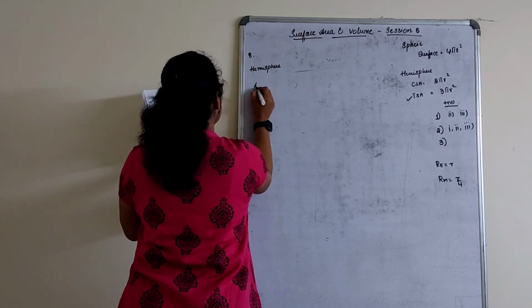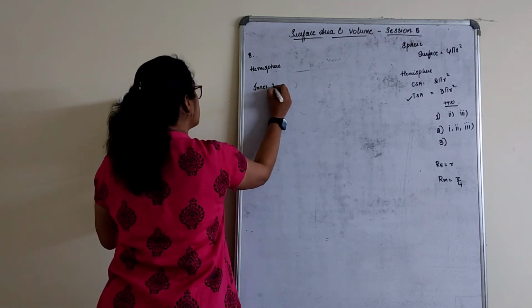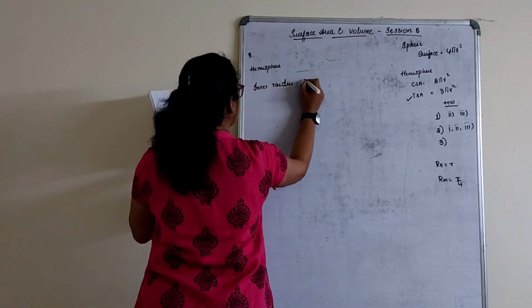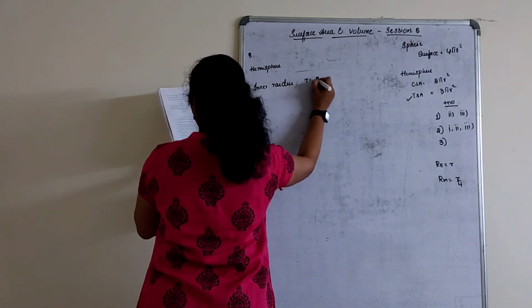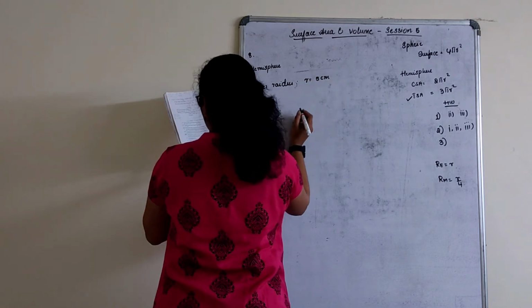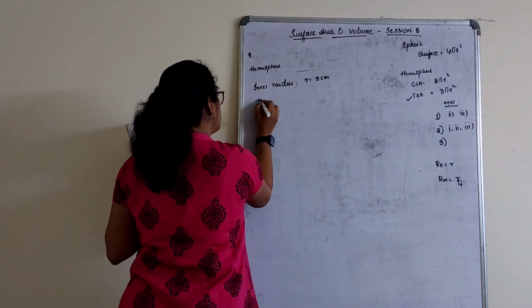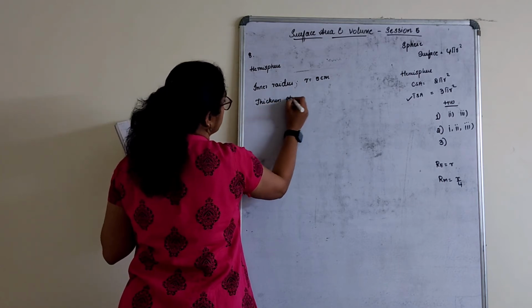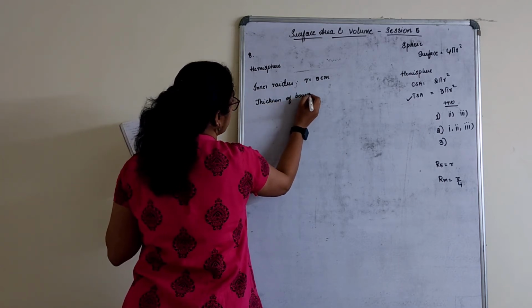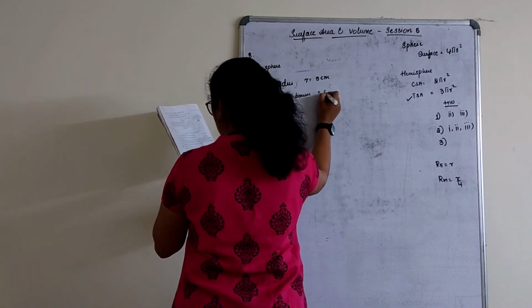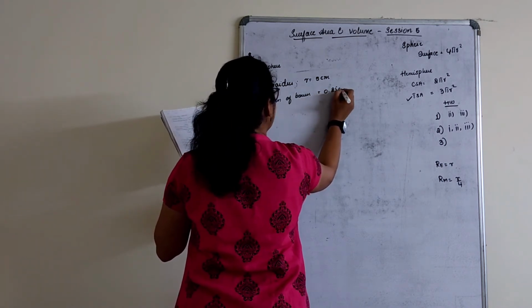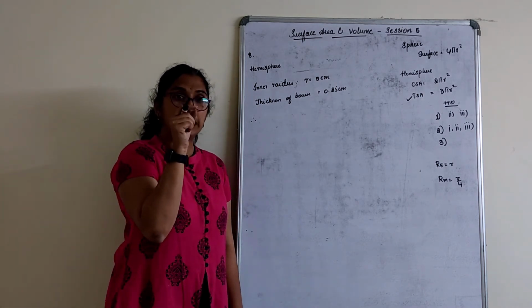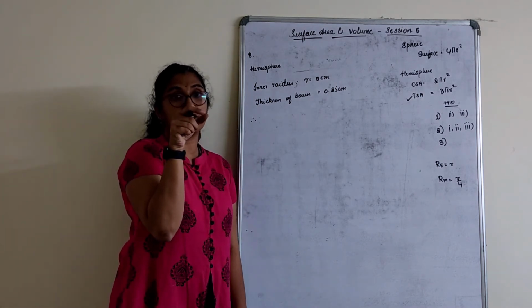So inner radius is how much? Inner radius of the bowl r is equal to 5 centimeter. Thickness of the bowl is equal to how much? 0.25 centimeter.